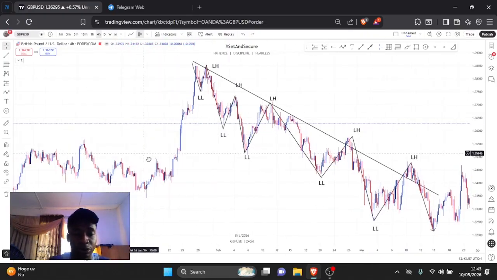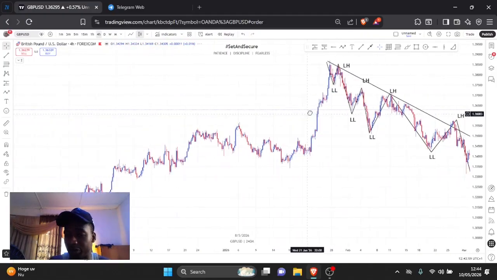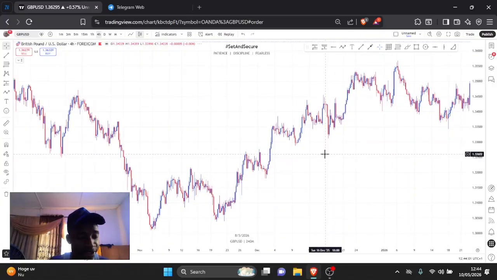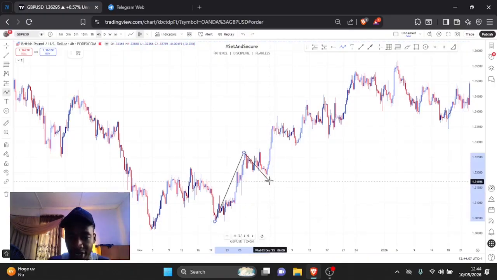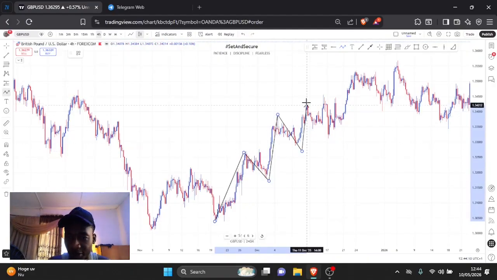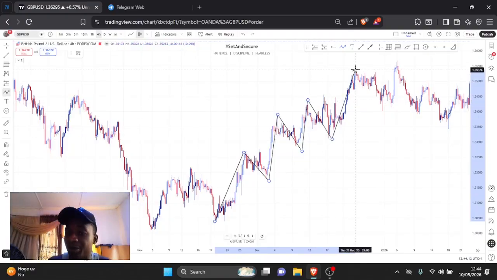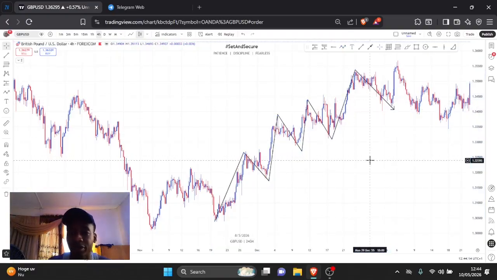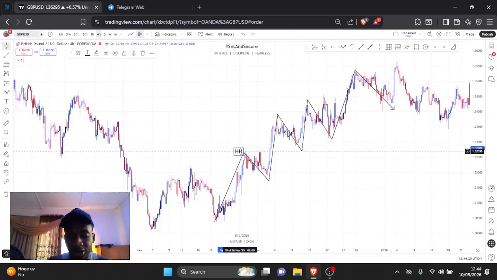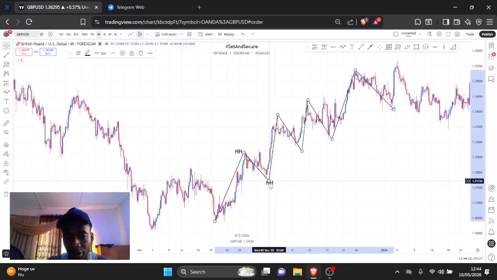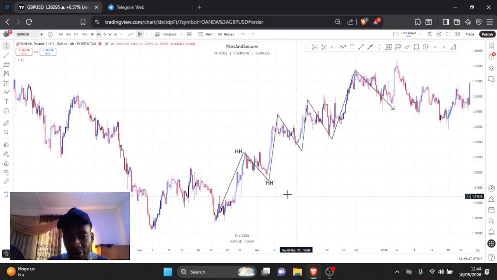So you guys should look for this same kind of structure on the higher side. It's going to be something like this: higher high, higher low, higher high, higher low, higher high, higher low, higher high, higher low. Right? So this is the highest part of a bullish movement, and this is the lowest part.